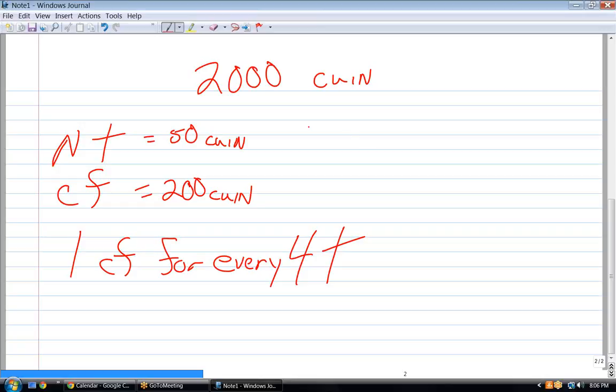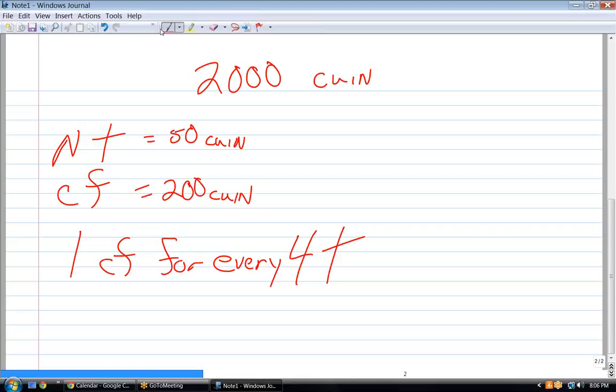So, if I want to lay out some inequalities, I've got NT. Let me think about this for a moment. The only thing that's throwing me off on this one is the one catfish for every 4.